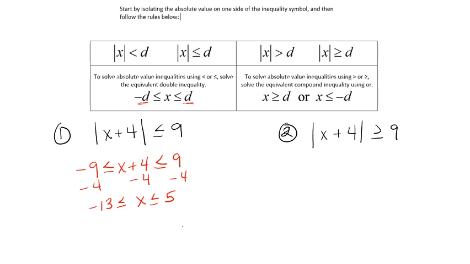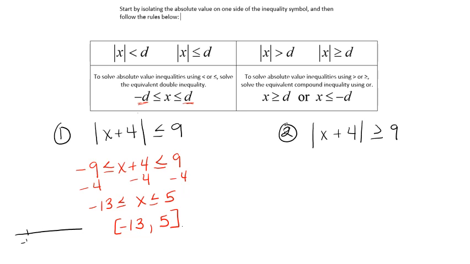All right, and then again, because it talks about less than, we need it in a space. So I don't want my distance to be too far. So it gives it some sort of space to be in, a confined space. So my solution is negative 13 to 5. And you can also graph it.